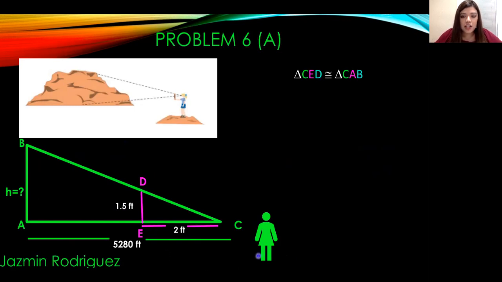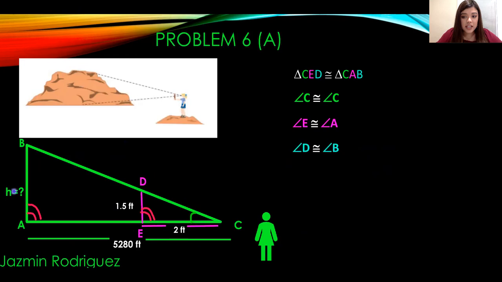Okay, so first thing, let's look at this. We know that triangle CED right here is going to be similar to triangle CAB, which is going to be our bigger triangle. And we know that angle C is congruent to itself right here. And we know that angle E is going to be congruent to angle A because they're similar triangles, and similar triangles are going to have congruent angles.